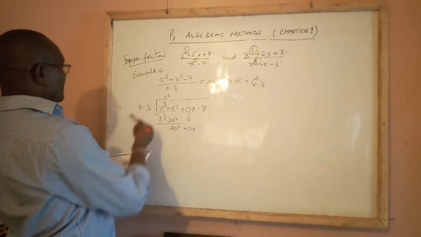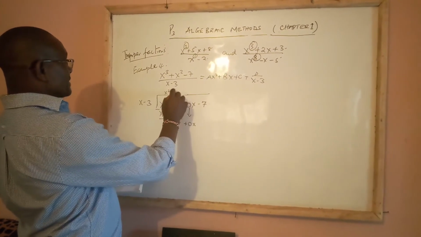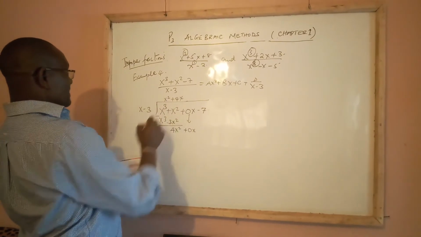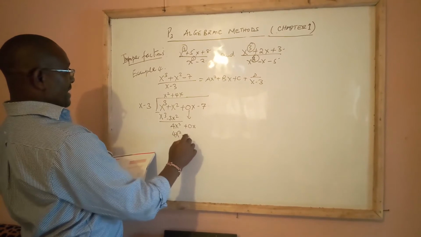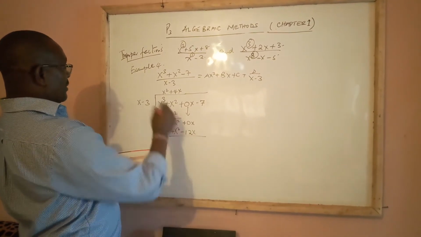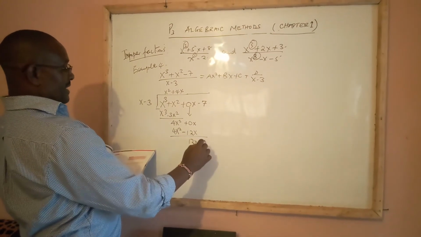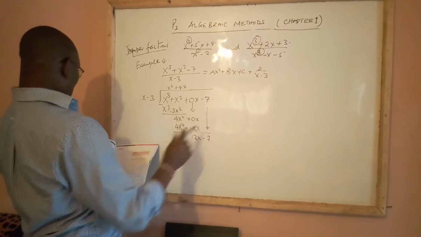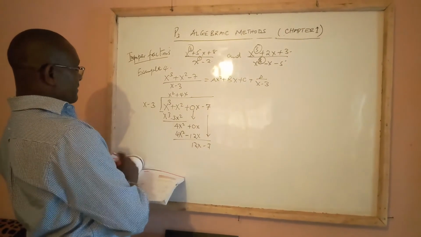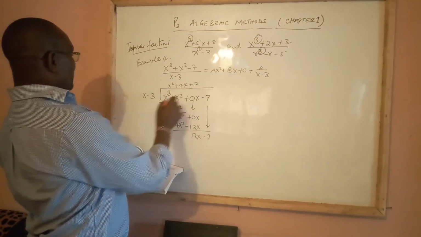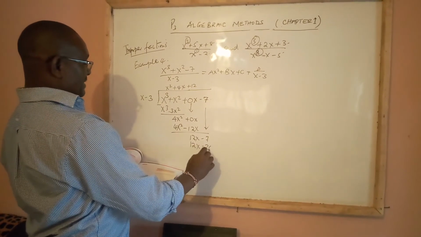Now this one, divide by the divisor, which is going to be plus 4x. 4x times the whole of the divisor, we have 4x squared minus 12x. The whole of this now gives us 12x. 12x minus 7, because we are dropping down minus 7. So this divided by the divisor, we have plus 12, and this is going to give us 12x minus 36.